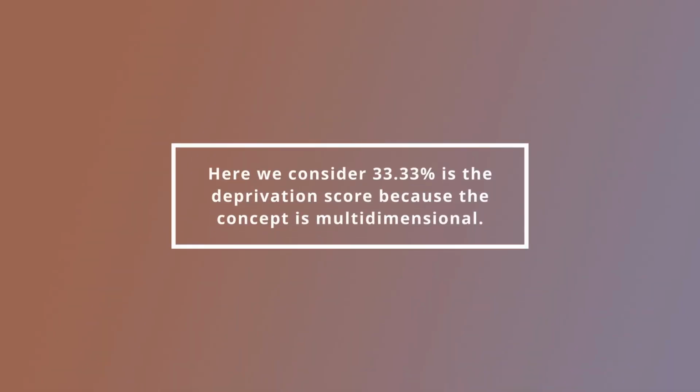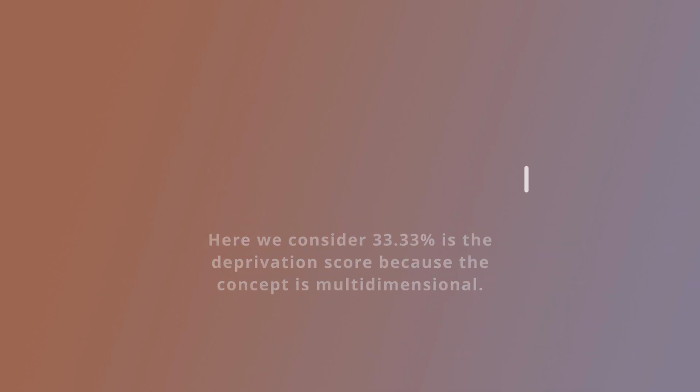After calculating this Ci, that is the aggregate deprivation score, we consider the concept of the poverty line. In case of the multidimensional poverty index, we consider 33.33 as the threshold value to distinguish between multidimensionally poor and multidimensionally non-poor people. Here we consider 33.33% as the deprivation score, because the concept is multidimensional.